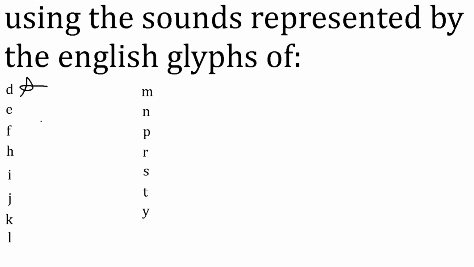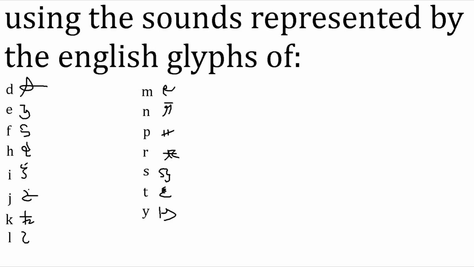D, E, F, H, I, J, K, L, M, N, P, R, S, T, Y. And we use it like anyone would use a writing system to spell out stuff. And here you go.